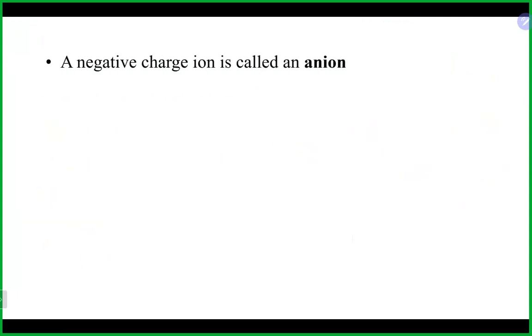Now, if we wanted to name a cation, and we're going to get into official naming in a chapter a little later on, but just so you have an idea, if you have any positive ion, be it sodium here, be it lithium, be it calcium, any of these positive ions, if we were going to name them, it's pretty simple. We actually just use the whole name of the element.